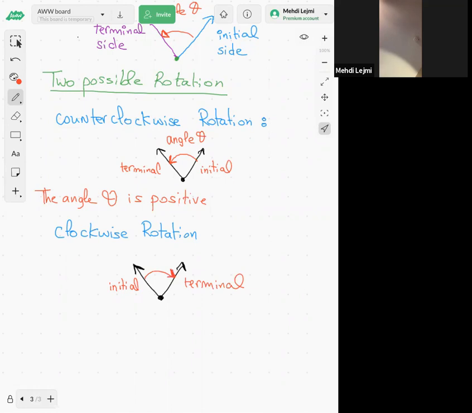Then you get a negative angle. So this is your angle theta, and in this case, the angle theta is negative.